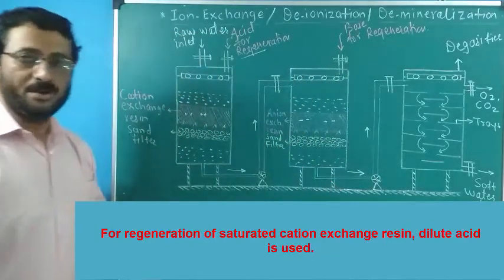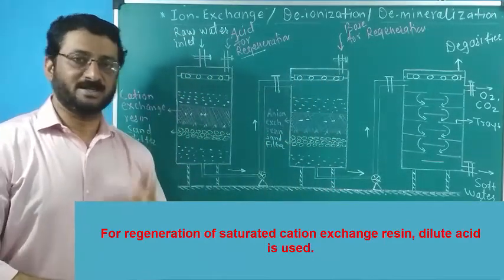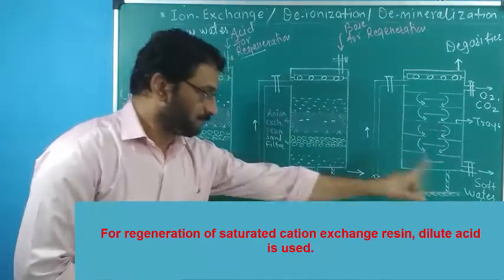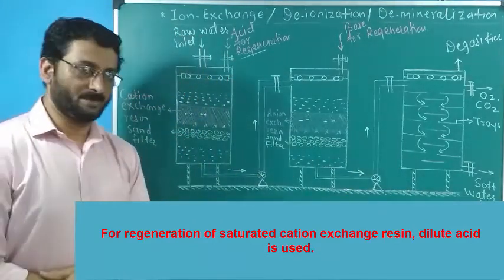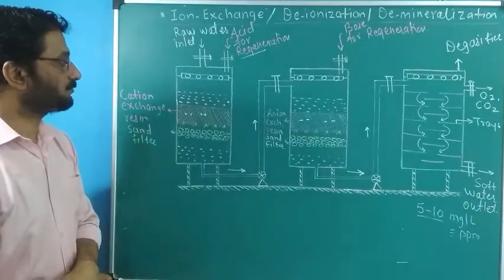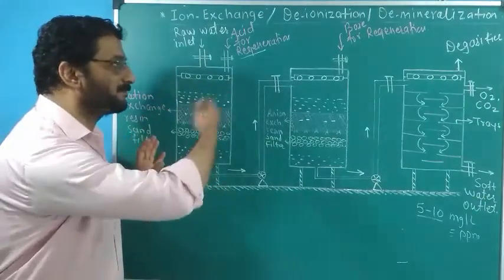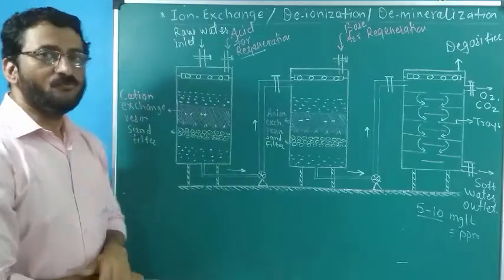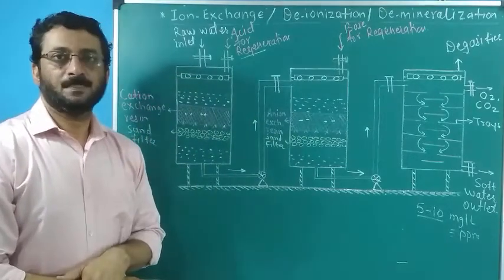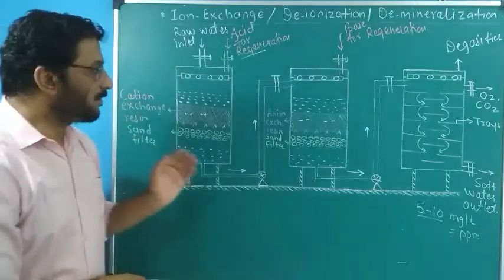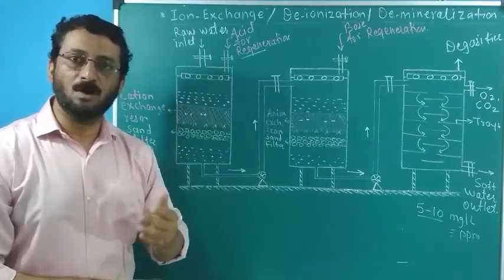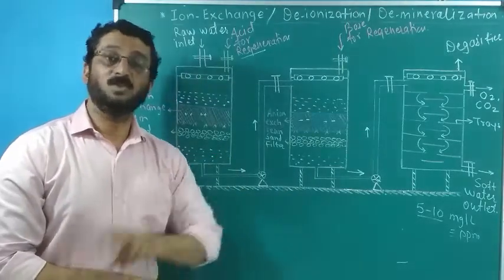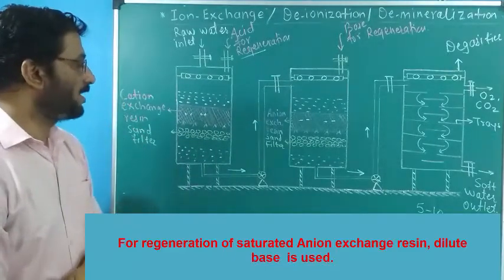So a very good quality, very soft water is obtained by this process. That is the first plus point. Second, during the entire process there is no formation of precipitate, so there is no problem of removal of the precipitate. That is the second point.